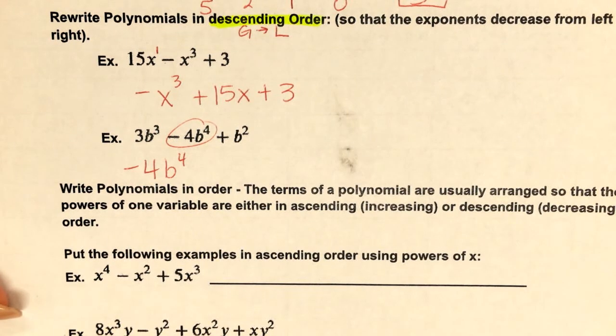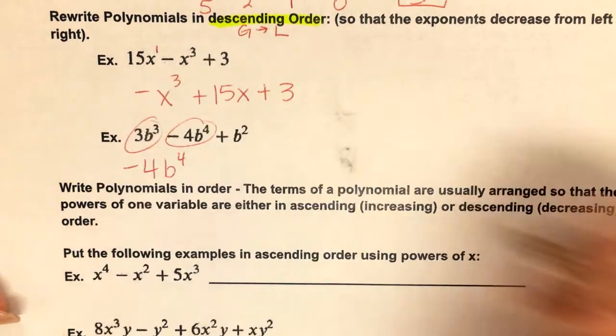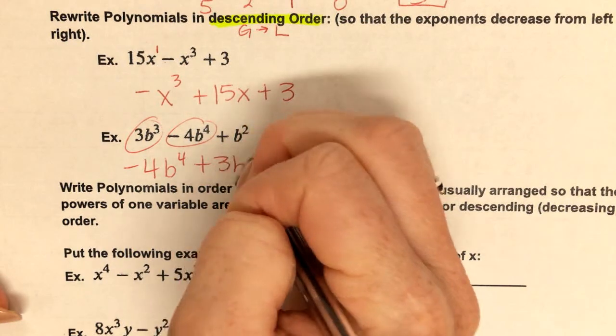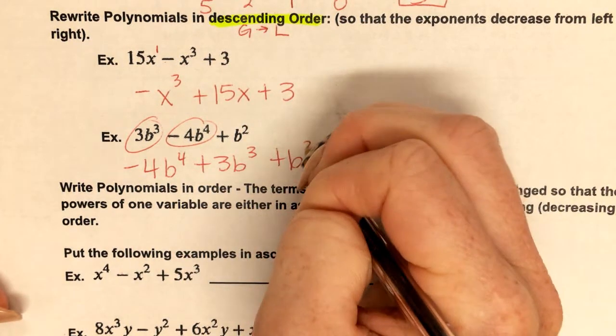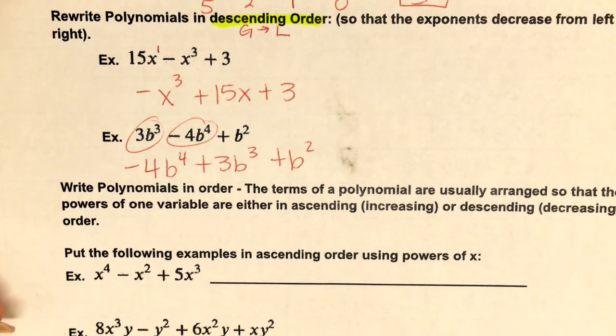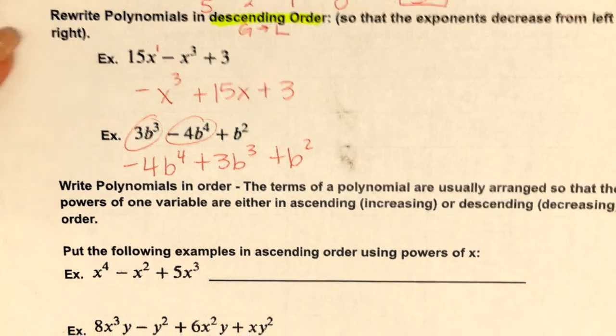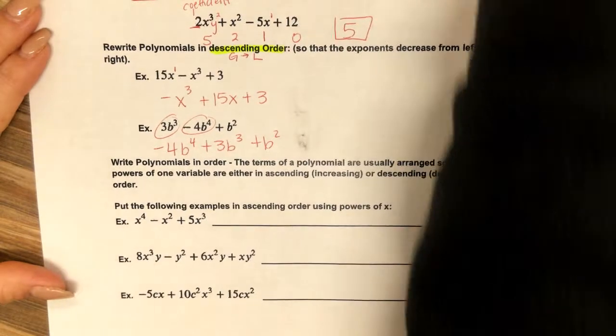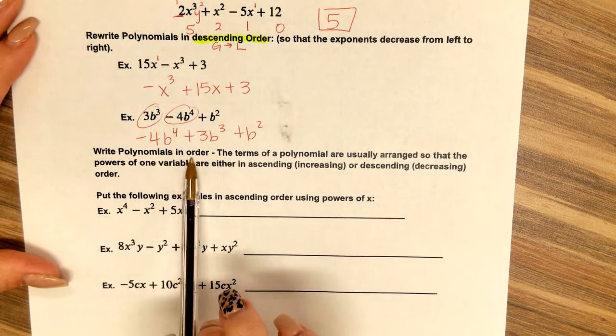Which one has the next? This one. So plus 3b to the 3rd, and then plus b squared. How did y'all do? What are we only looking at? The exponents. All right. The next one says, write polynomials in order.